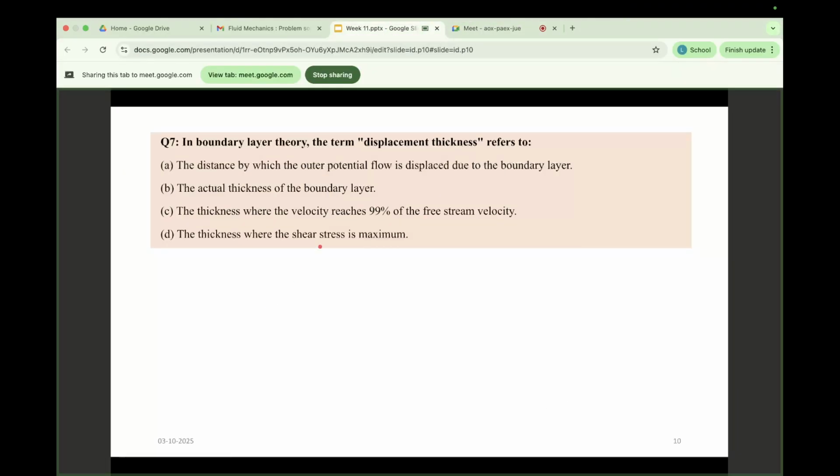So say this displacement thickness. The boundary layer thickness is generally represented by delta, and the displacement thickness is represented by delta star, which is the displacement thickness. So what does it help with?